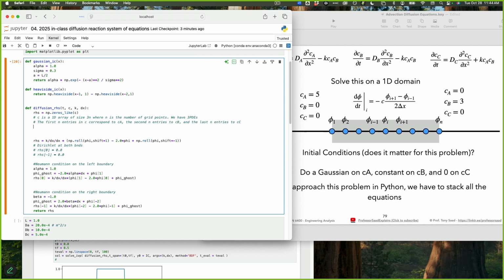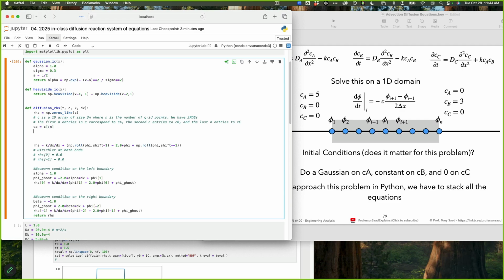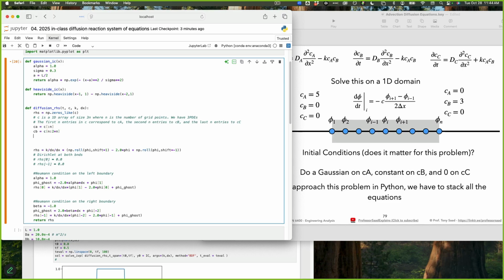What I can do is say CA is equal to the first n concentrations of C. I accessed the first n values in the total array C. Then CB is going to be the next n values, from n to 2 times n, and finally CC will be C from 2 times n all the way to the end.